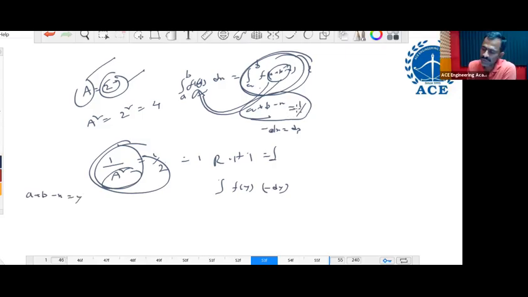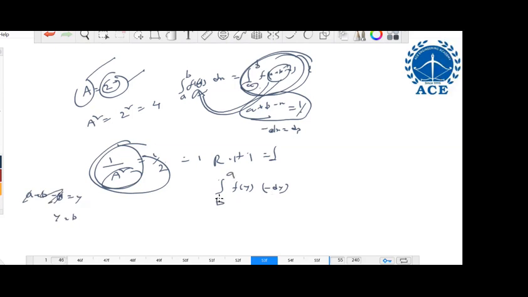We require the y limits only. Lower limit x equal to a. When you substitute x equal to a, these two get cancelled, y equals b. When you substitute the upper limit b in place of x, these two get cancelled, giving a. That negative will change the limits to a to b.